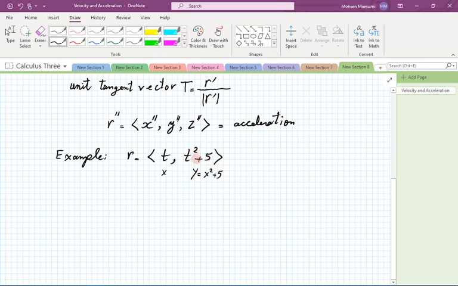T squared plus 5, t is x, so y becomes x squared plus 5. This is just your trusty parabola from middle school. You had a lot of encounters with this shape. What we are doing now, instead of just giving you the entire parabola right off the bat, is gradually building it up.